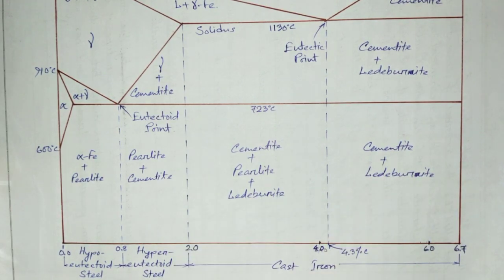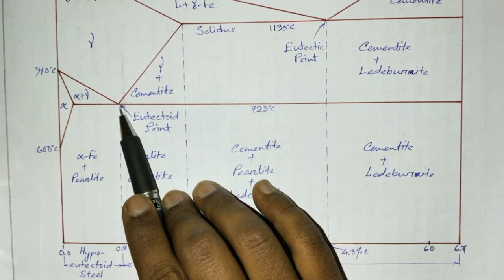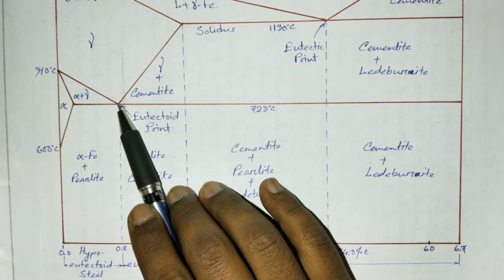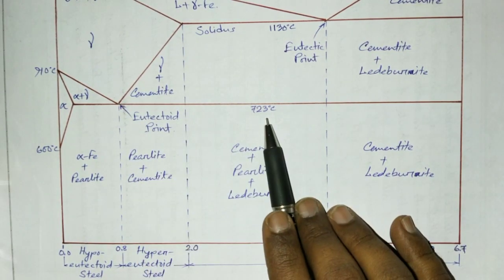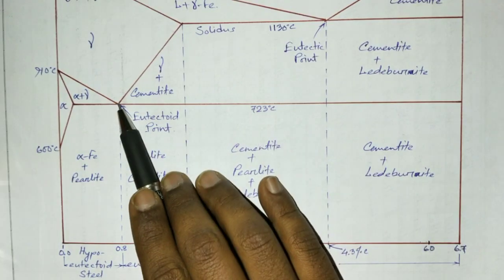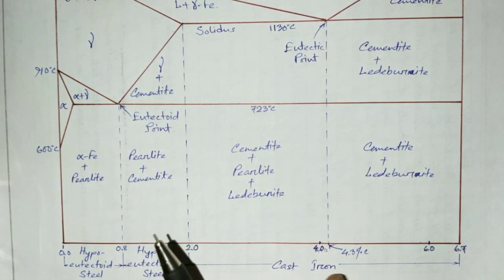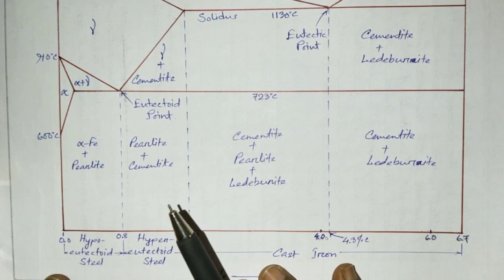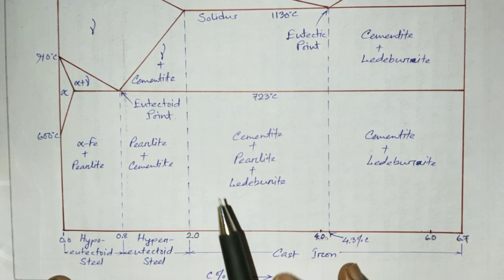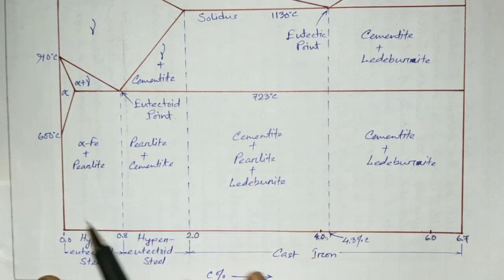Now this point is called the eutectoid point. The eutectoid temperature is 723 degrees centigrade and the composition is 0.8%. As I have discussed earlier, from 0 to 0.8% of carbon we call it hypoeutectoid steel.